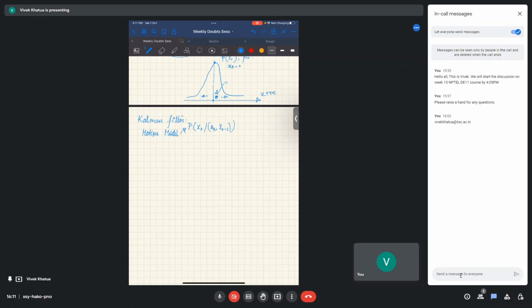This model is linear. What we mean by linear is that the state xt is linearly dependent on xt minus 1 and ut. So this is the assumption we make with Kalman filters, that our motion model is linear.